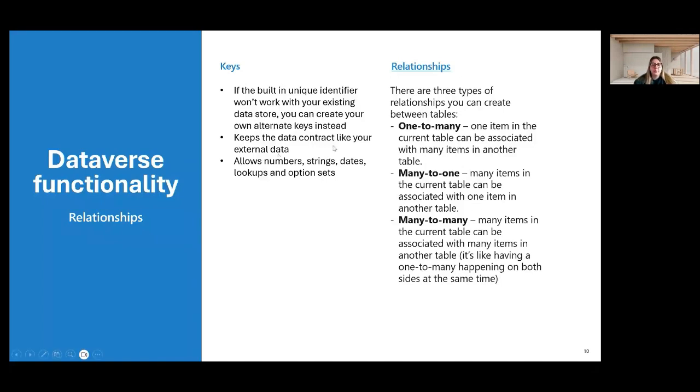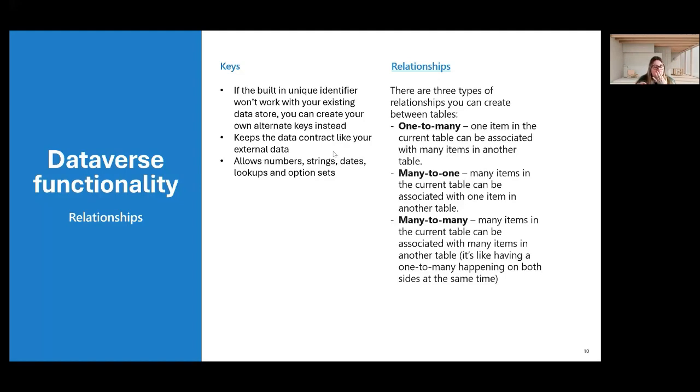For example, if you have a key that is, let's say, the index. The key is used to connect the tables. So you have a contract for external data search, and you want to structure that table to have the key. The key can be a number, string, date, or option set.